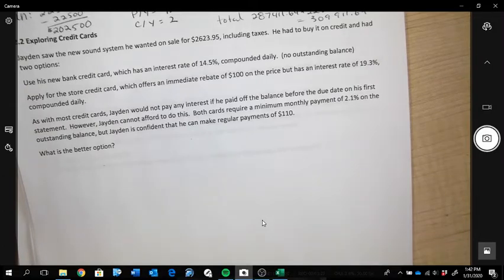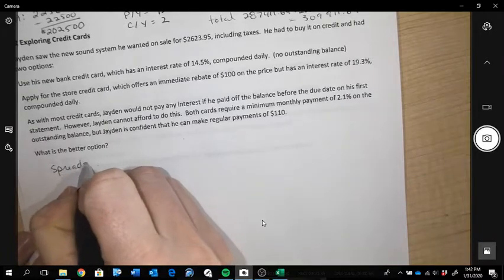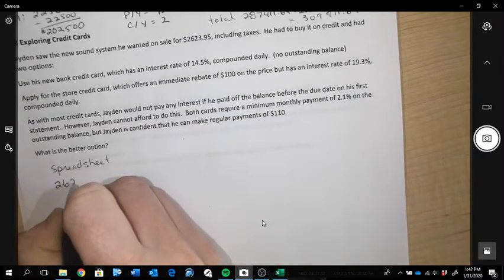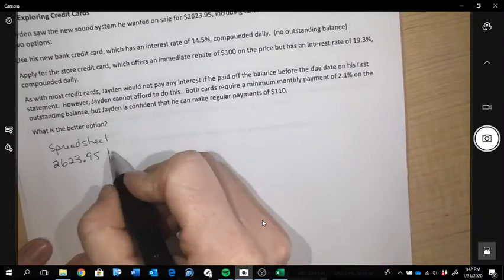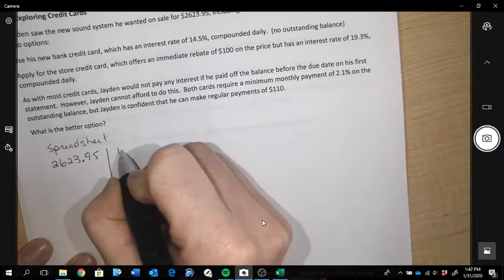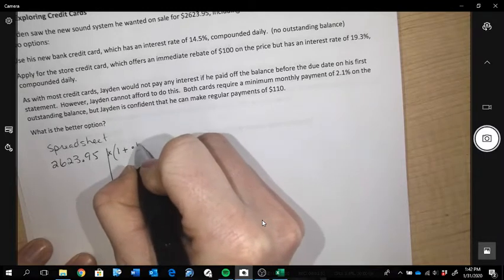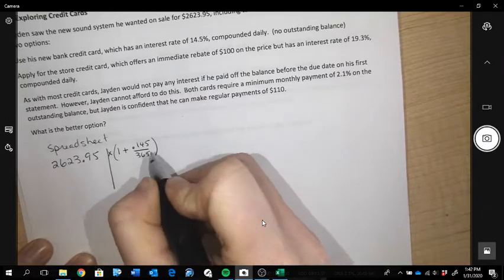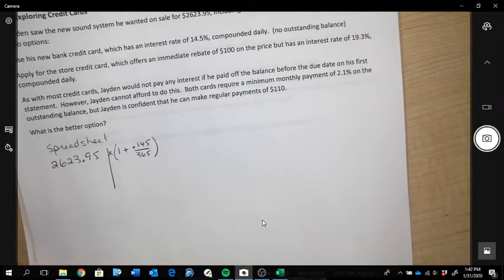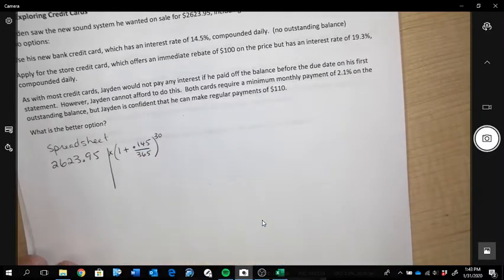I'm going to show you this two ways. I'm going to show you on a spreadsheet and then on the calculator. On the spreadsheet, you start with the starting balance, and then we take that times 1 plus the interest rate. That's the annual interest rate, but don't forget, we always divide the interest by the time frame, by 365, and you're going to be charged that for 30 days.